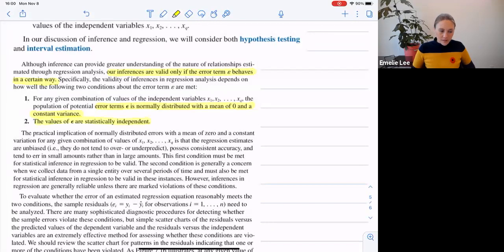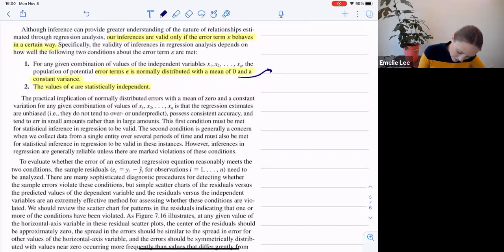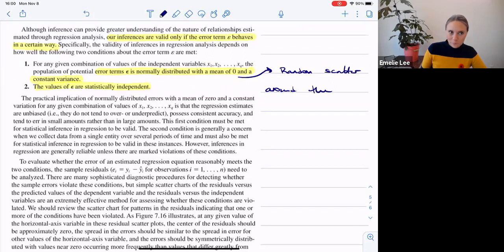Okay, so really all we're looking for here is random scatter around the least squares regression line.